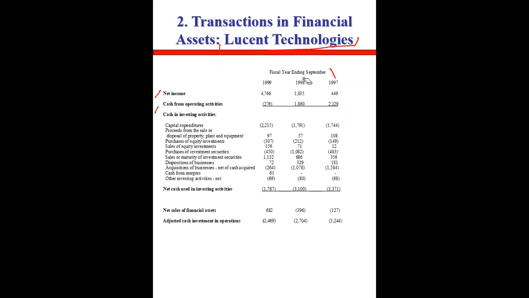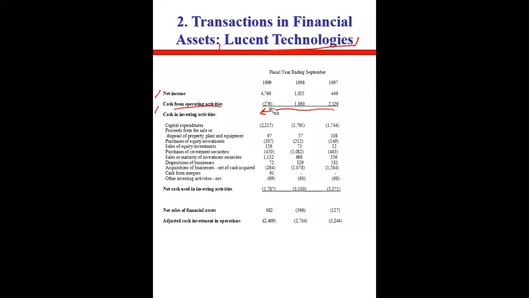But you see, in the corresponding years, the cash from operating activities declined sharply from 2,129 million to 1,860 million. And in 1999, there is a shortfall of cash from operating activities by 276 million.